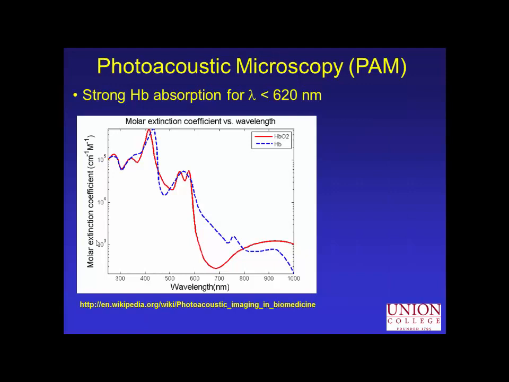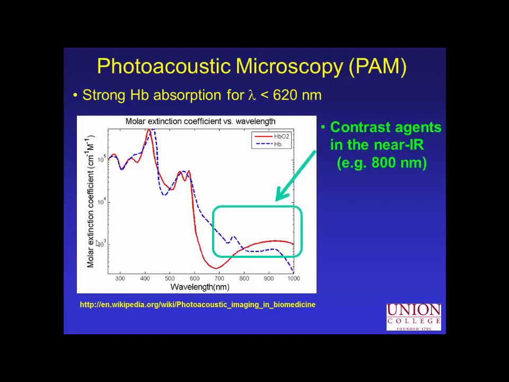Okay, so photoacoustic microscopy. Most of us probably know that blood is a very strong optical absorber. So if you want to image something besides blood, you need to go at longer wavelengths, as mentioned in some of the previous talks. And you can also use some contrast agents like ICG or gold nanorods.